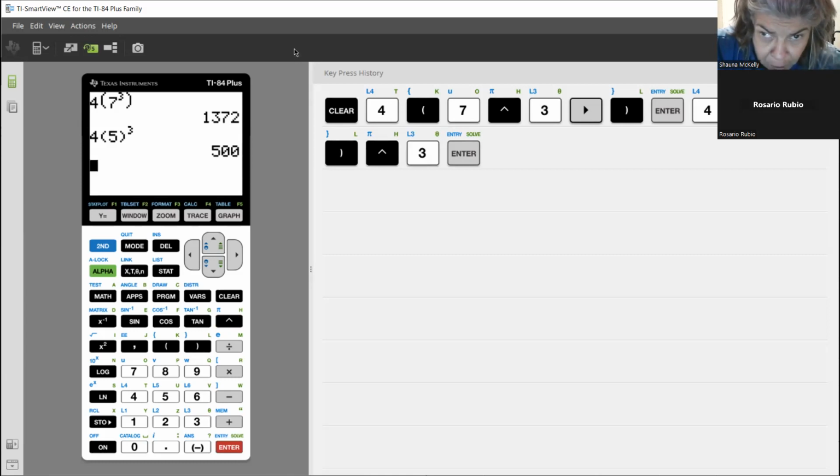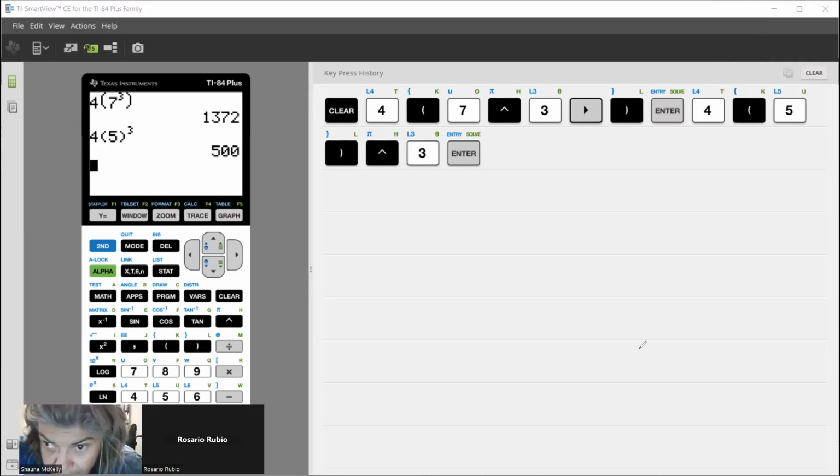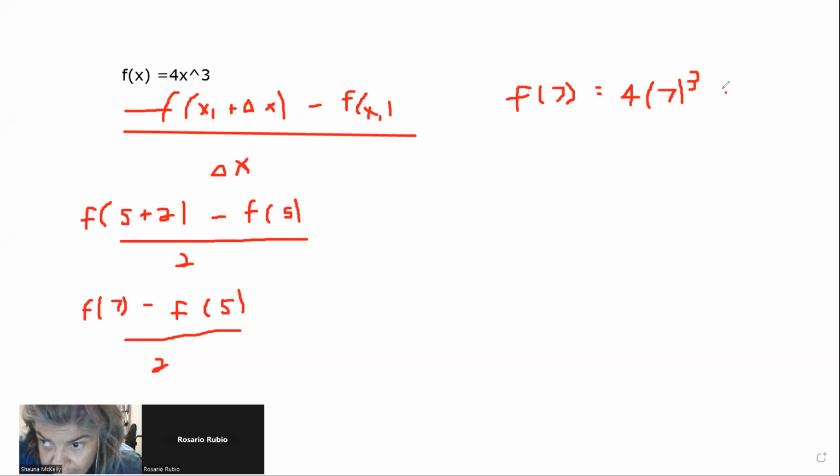Okay. So here, this becomes 1472. Should be equal, not minus. Equals. Okay. This is 1472. Or 1372, sorry.